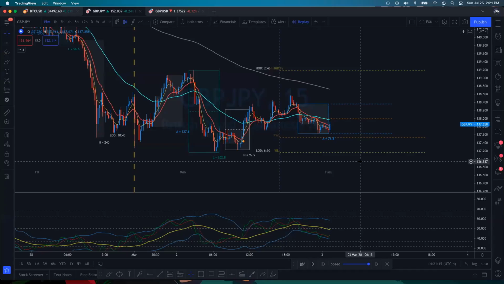So what's the directional bias still? What would you guys think about directional bias on this so far? Well, I'm not talking about a weekly cycle.